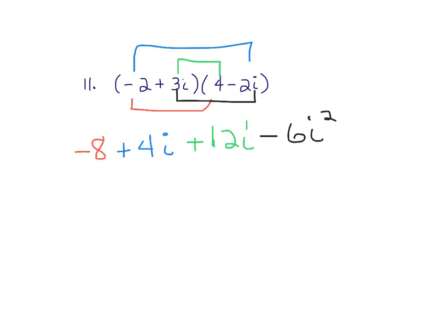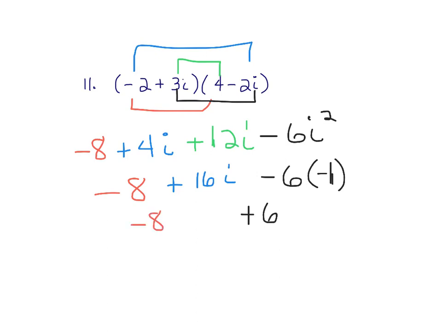Again, we need to replace the i squared with -1. I can group the middle terms and get positive 16i. I need to multiply those last terms and get positive 6. Let me rewrite everything else. And now I can group -8 plus 6, and I end up with -2 plus 16i.